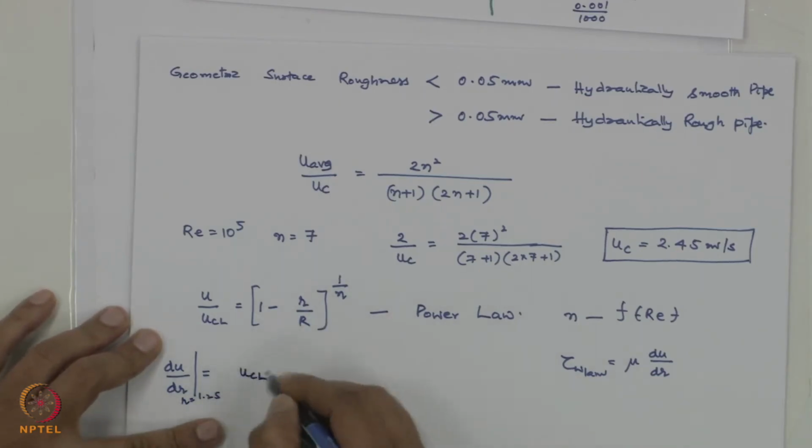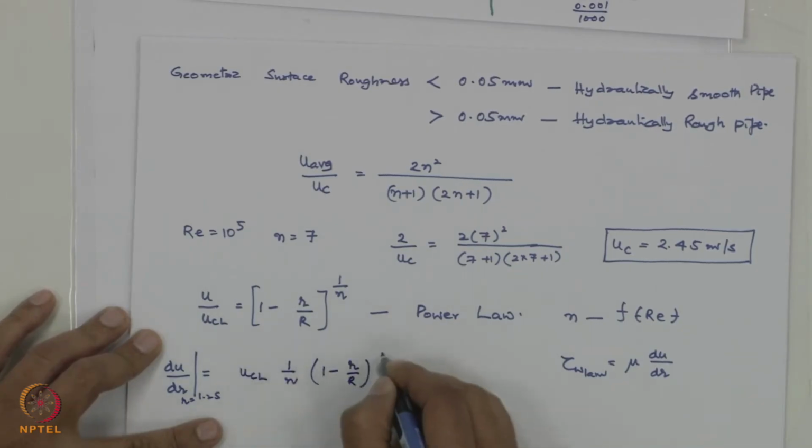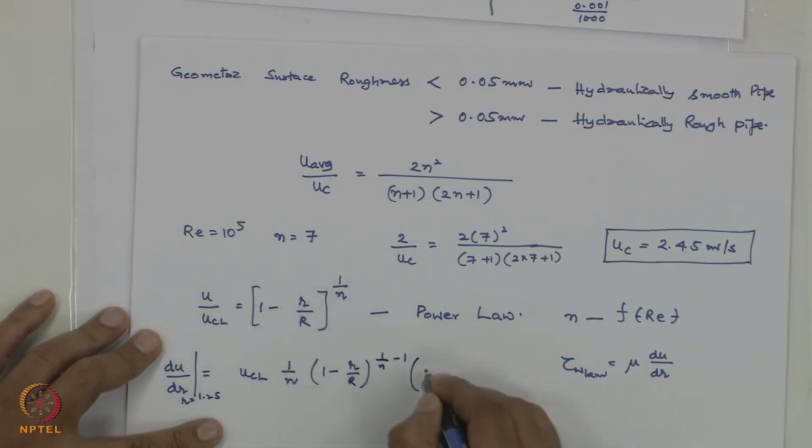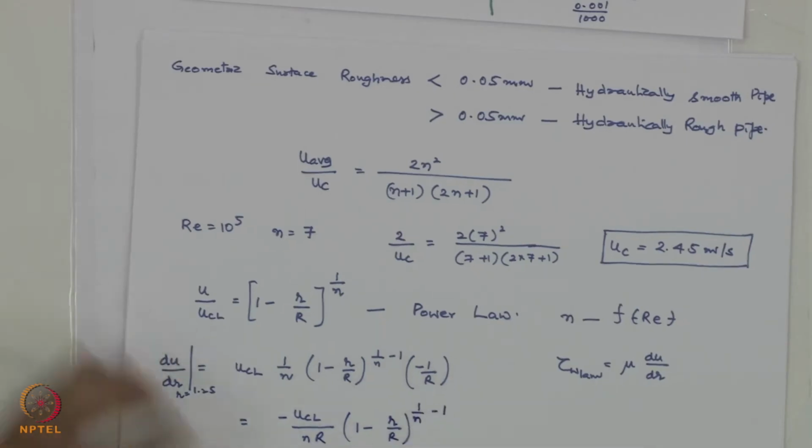U center line into 1 by N into 1 minus R by R to the power of 1 by N minus 1, into the differentiation of minus R by R, that is minus 1 by R. If you substitute all the values, you get minus U center line upon NR into 1 minus R by R to the power of 1 by N minus 1.